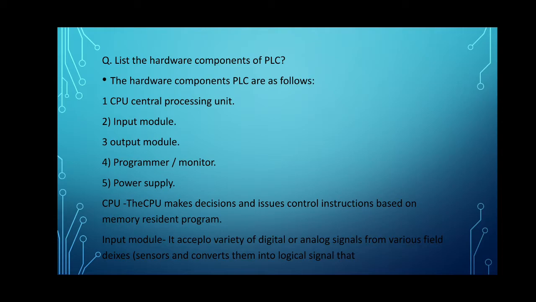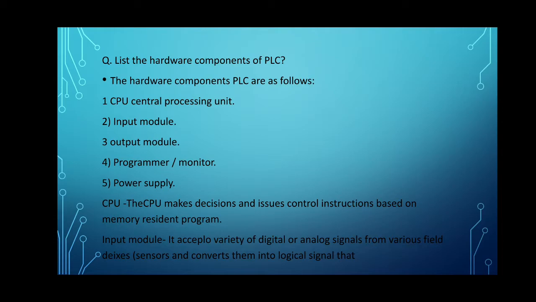Then the input module. It gets a variety of digital or analog signals from various field devices or sensors and converts them into logical signals that can be used by the CPU. Then comes the output module.